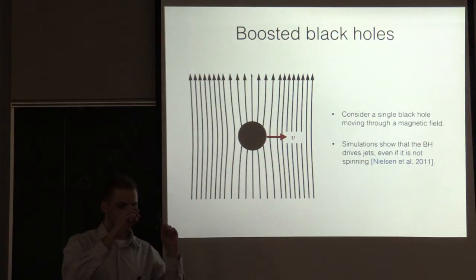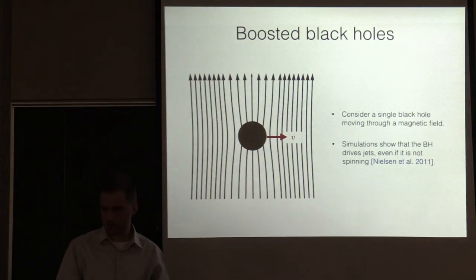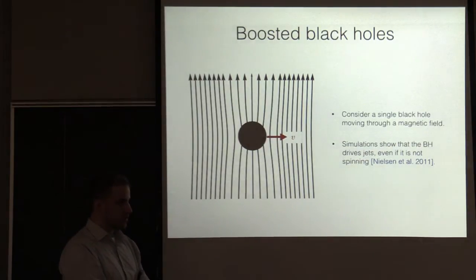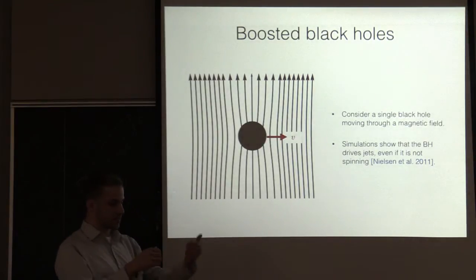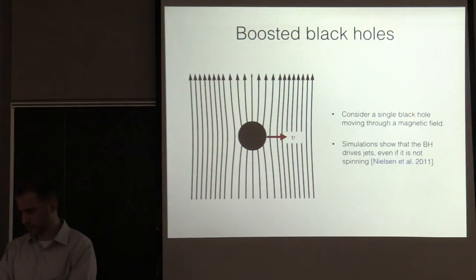The black hole can be orbiting relative to that field. Oh, I see. They're not locked. Yeah. Also, you could imagine a parameter of the problem being the angle between the velocity vector of the black hole and the background magnetic field. Yep. And the spin of the black hole gives you another angle to play with. So there's all sorts of interesting things to look for.